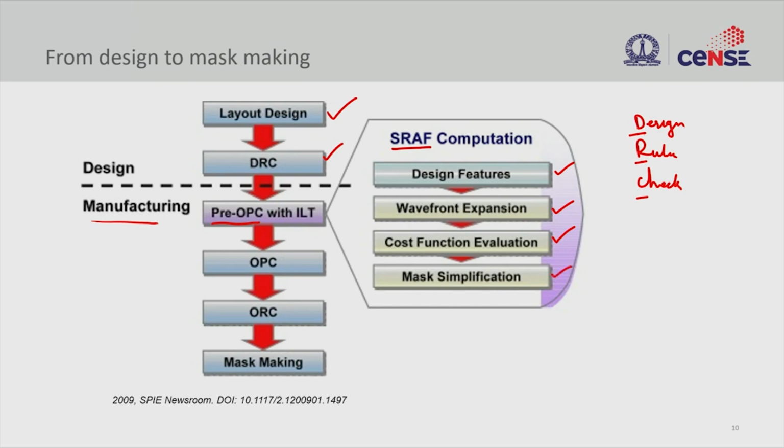And then we do some simplification of these assist features, because you may not need all the features, because when you put it through a wavefront expander, that algorithm is going to add whatever possible in order to make the image perfect. So you do some kind of smoothing and so on, and then we do the proximity correction, and then this is optical rule check that we do. This is after adding all these assist features, and then it goes for mask making, right? So these are all the steps involved even before the mask making that we saw earlier.